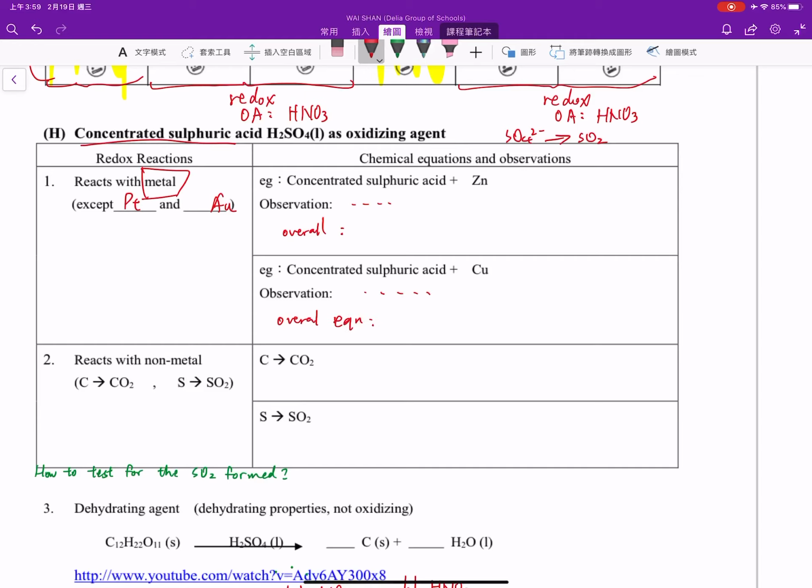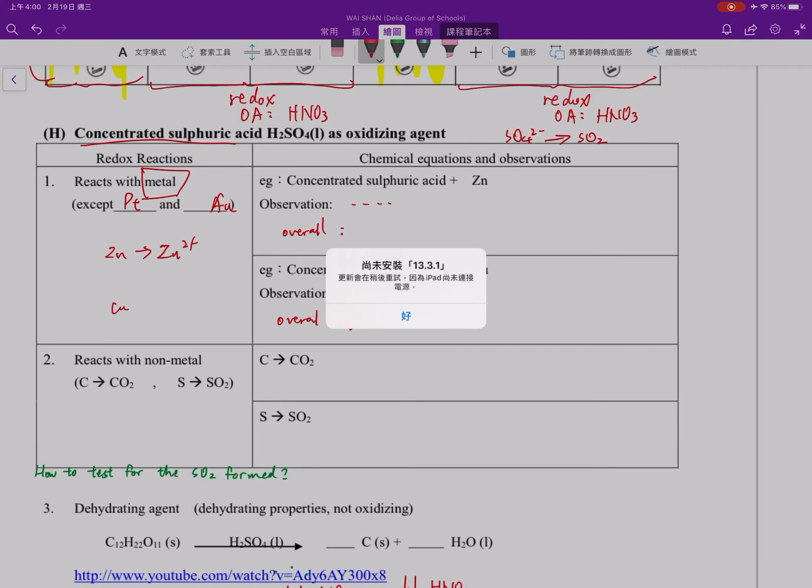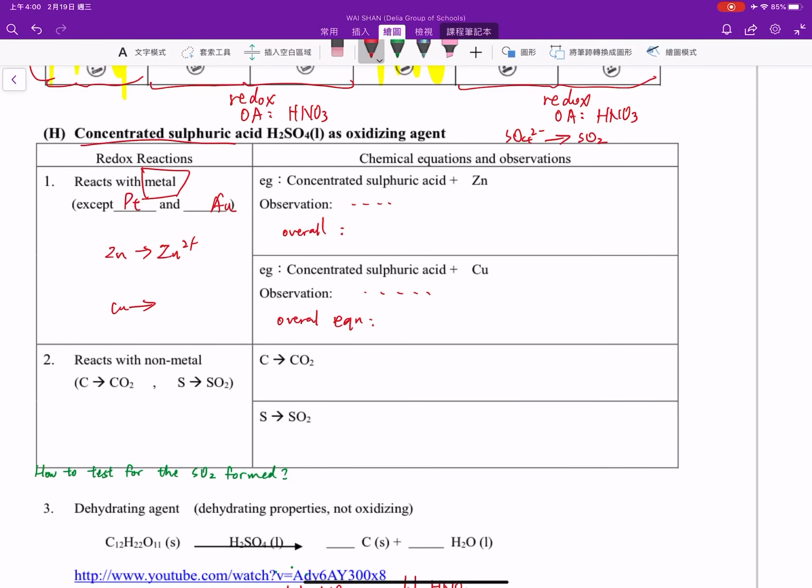Okay, and same as nitric acid, zinc will be oxidized to zinc ion, and copper will be oxidized to copper 2+. Same with non-metal, so I'm not going to repeat, but in the videos that I attached, they have a method to test for the sulfur dioxide, because some acid can also react with metal, but it will give out hydrogen gas.